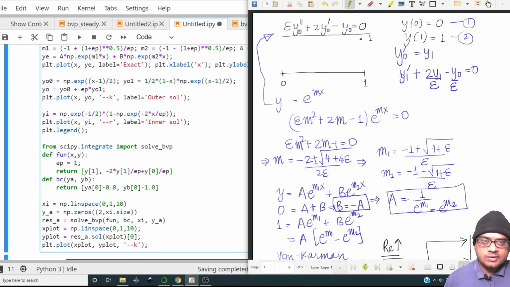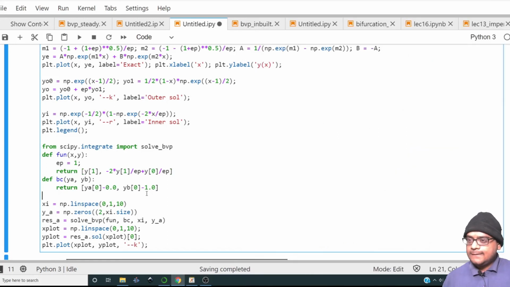Essentially what I'm doing is I've taken both these terms on this side of the equality, so this becomes equal to minus this plus this. That's all I've modified over here. And the boundary condition at the left boundary is 0 and at the right boundary it is 1. So nothing changes over here. And xi is the initial guess.